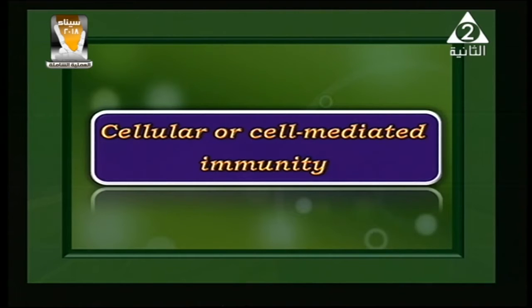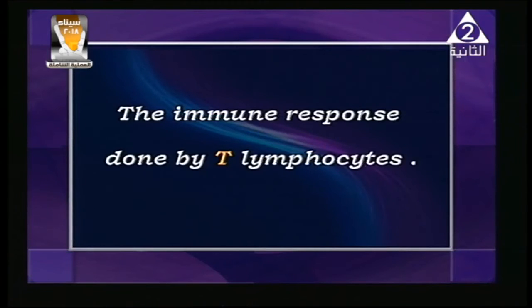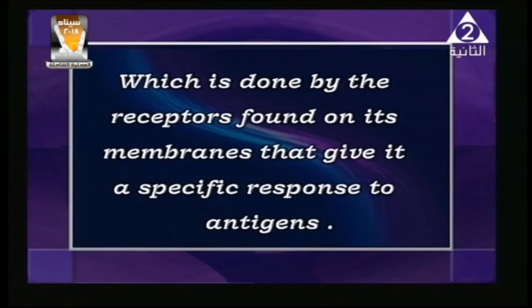Here it is, the second type: cellular or cell-mediated immunity, which includes the immune response done by T lymphocytes, carried out by the receptors found on their membranes that give them a specific response to the antigen. Each T cell, during its maturation, produces a specific type of receptor on its membrane.